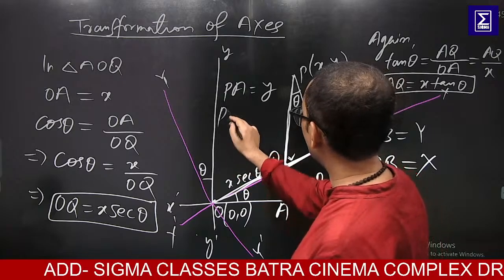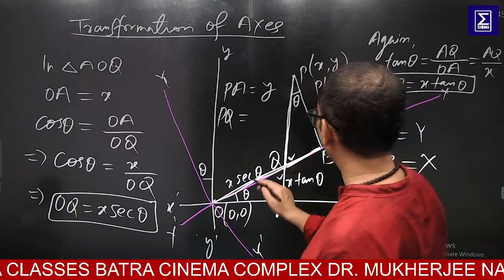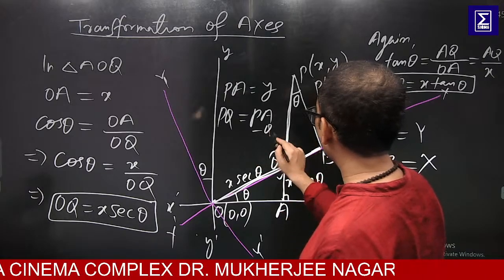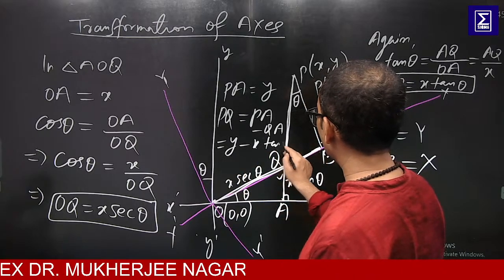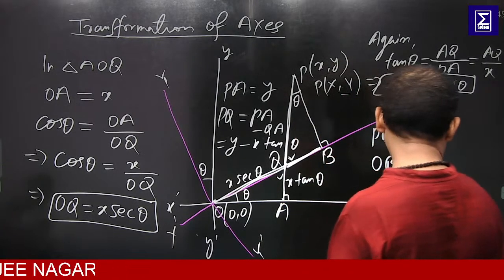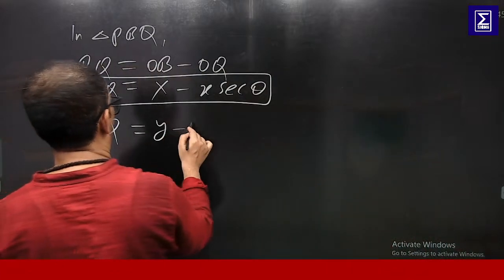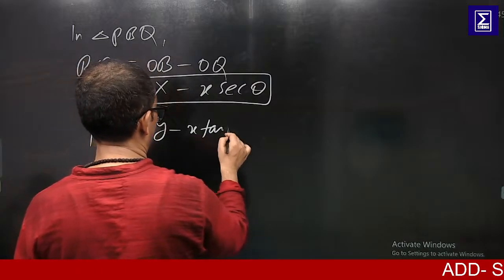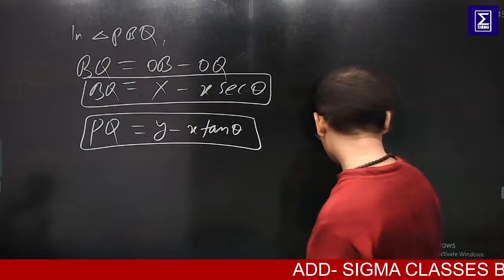So PQ is nothing but PA minus AQ, that is y minus x tan theta. So PQ is equal to y minus x tan theta. Okay, so we got this relation.